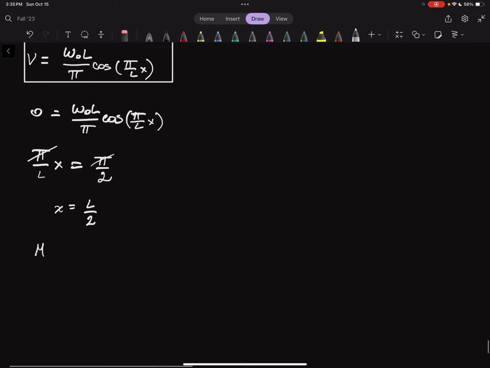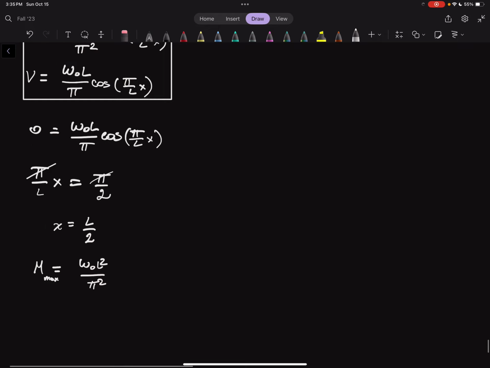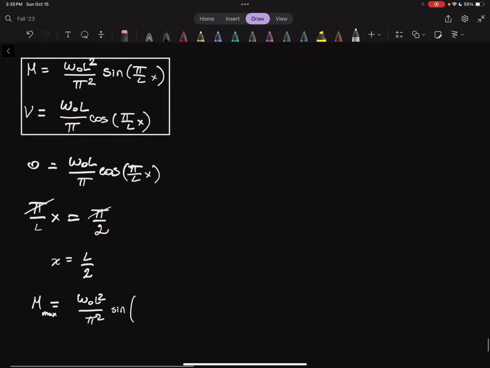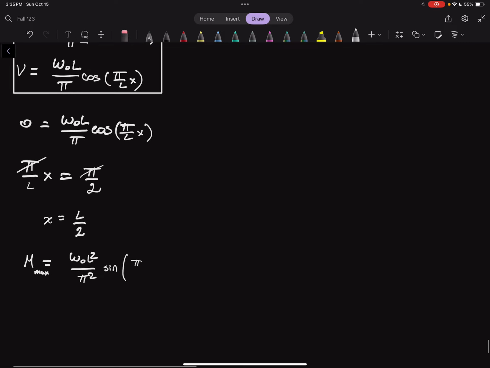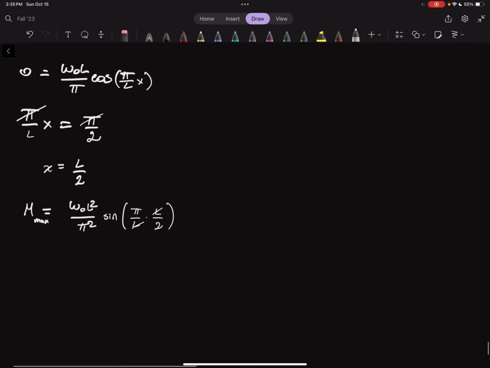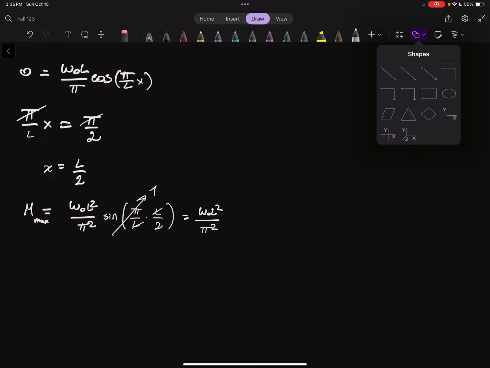And so my M max is going to be equal to w naught L squared over pi squared times the sine of pi over L times L over 2. And this becomes a 1. So w naught L squared over pi squared. There you go. So that's my other answer.